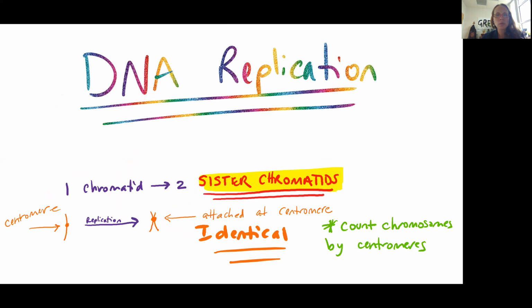DNA replication, remember, is how we're going to go from one chromatid to 2 sister chromatids. Remember that the sister chromatids are identical to each other and they're connected at that centromere. So even though we are doubling our total amount of DNA, we still say we have the same number of chromosomes because we are using our centromere as our count.